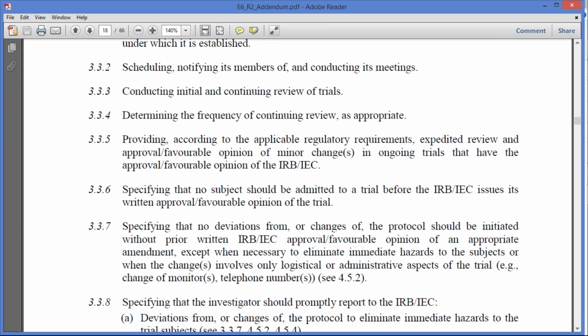And specifying that no deviation from or changes to the protocol will be implemented, except in special situations like to eliminate an immediate hazard to the subject, or administrative changes like change of monitor or change of telephone numbers. Those you can change without approval, but the main protocol contents will not be changed without getting approval.